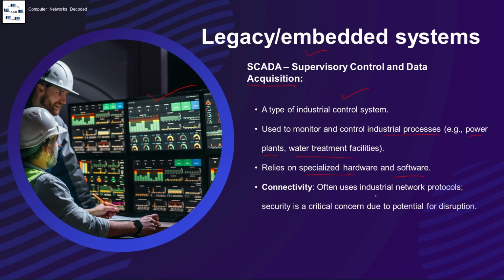And for connectivity, it uses industrial network protocols. So it does not use the regular TCP/IP. It has specific special-purpose industrial network protocols. And security is a critical concern because if these protocols are disrupted, it means your whole power plant or your water treatment facilities may be disrupted or even contaminated.